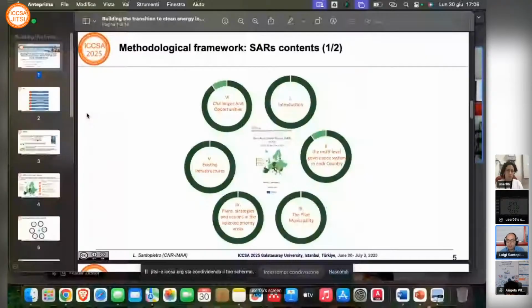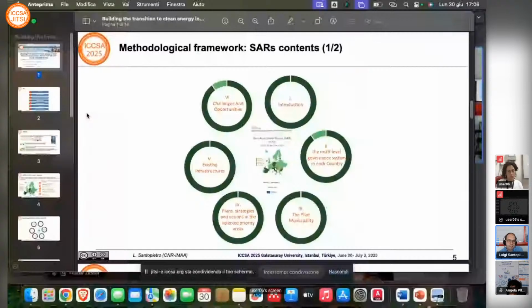The last 2 sections are related to the description of the existing infrastructure supporting the development of actions referred to the 3 priority areas selected by the municipalities. And the last one is an overview of critical issues and opportunities in developing the actions envisaged and planned by the pilot municipalities.